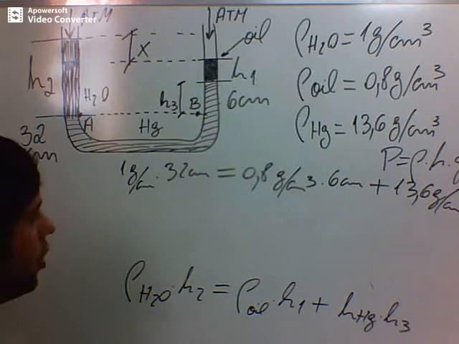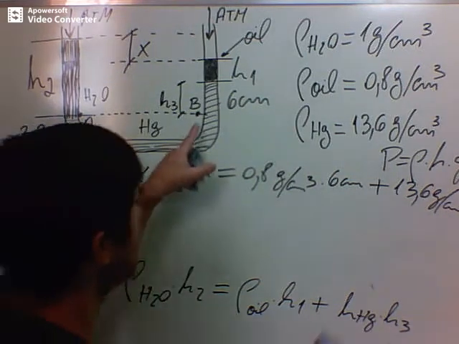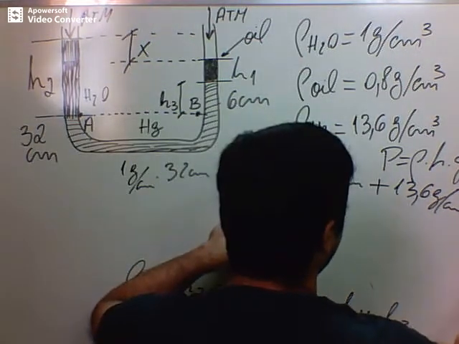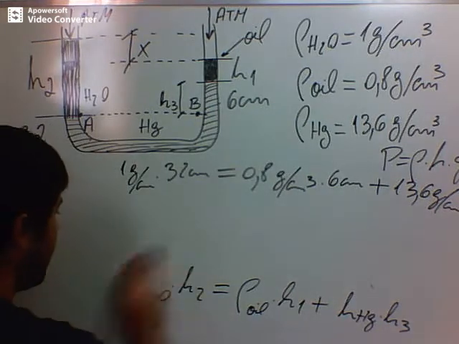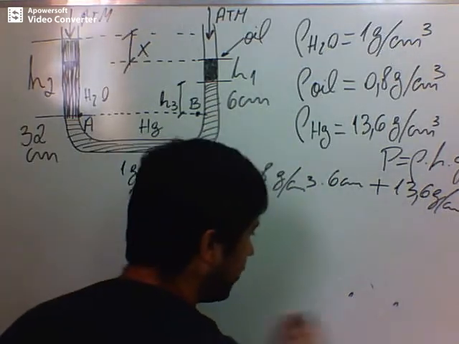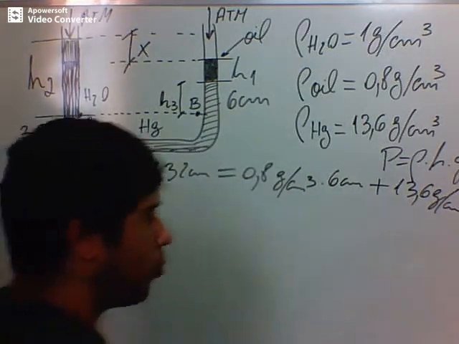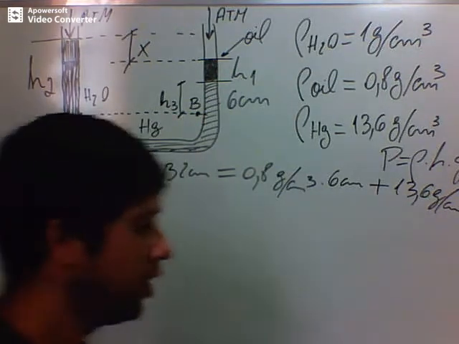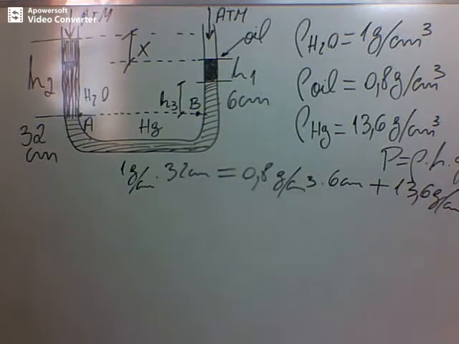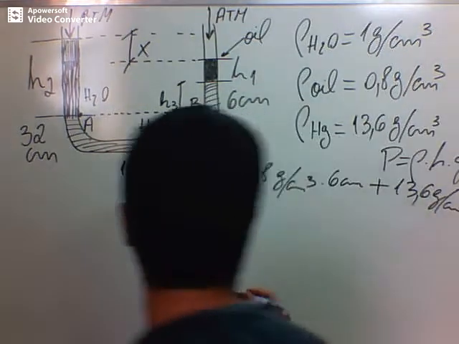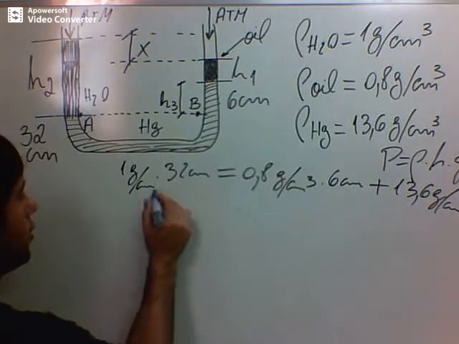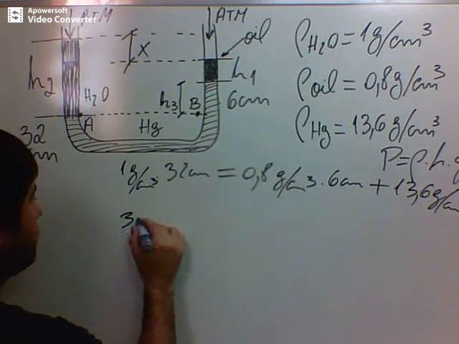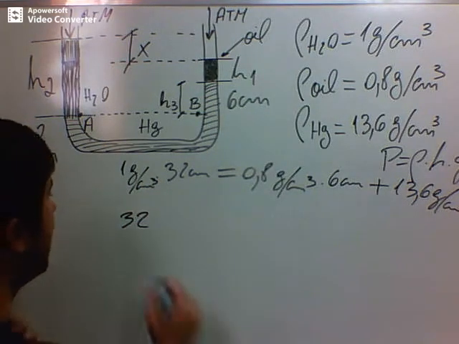We are almost finishing, and we multiply this by the height H3. All right, friends, let's see what we get from this. This is simply 32 grams per square centimeter on this side.